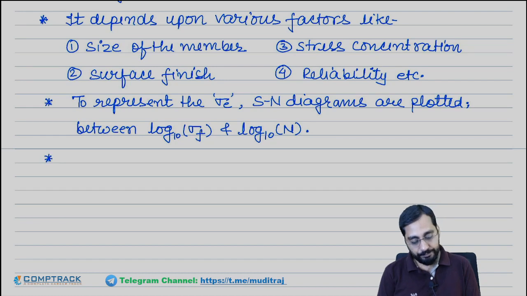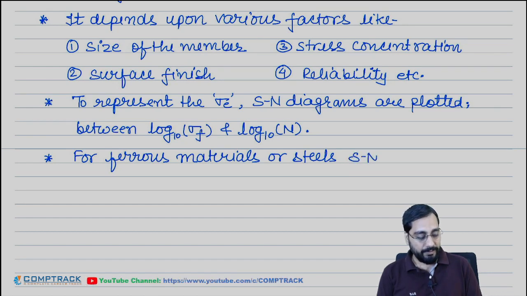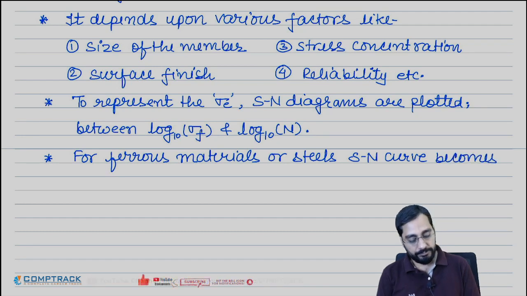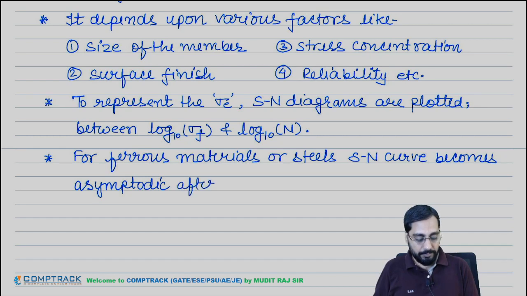Next point, for ferrous materials or steels, the S-N curve becomes asymptotic after 10 to the power 6 cycles.